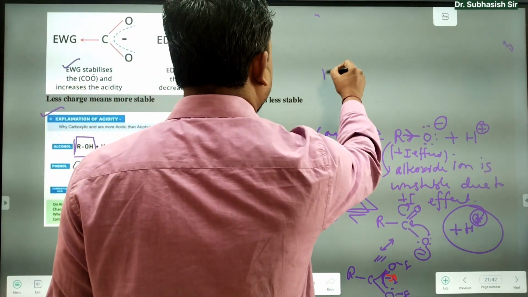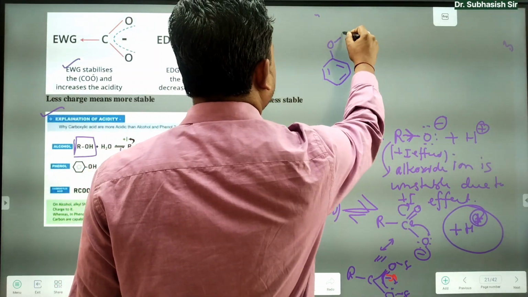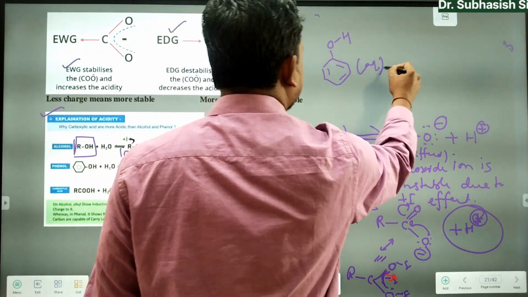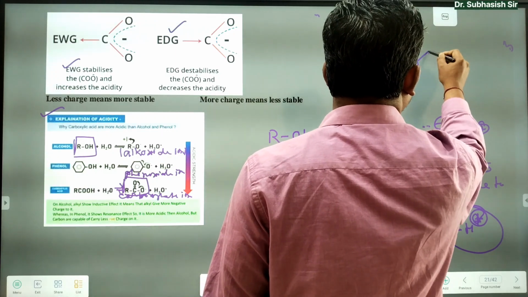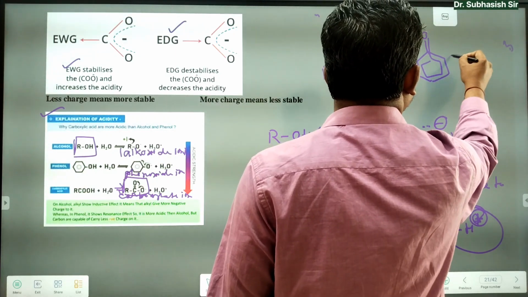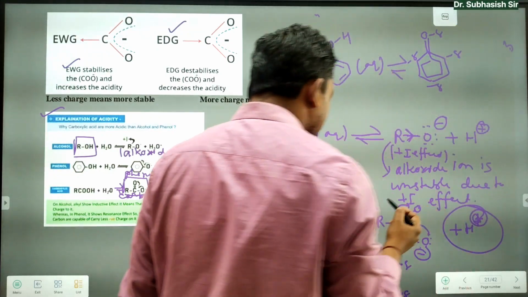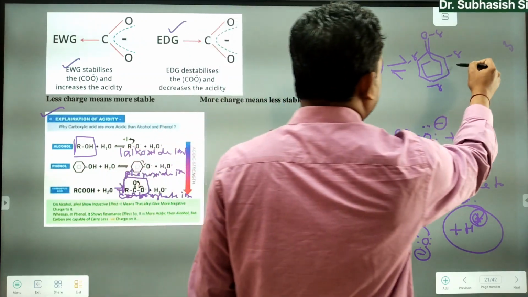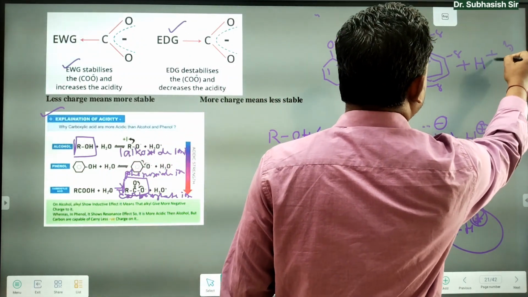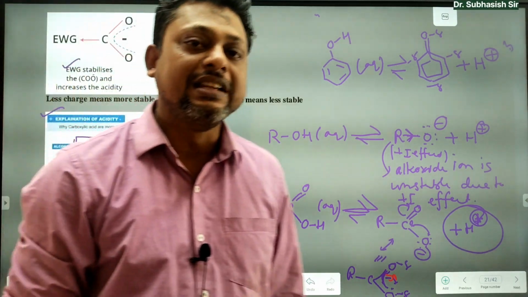Now the question is, you can ask what will happen in case of phenol? Phenol also in its aqueous solution forms phenoxide ion, which is stabilized due to resonance. So the negative charge will be dispersed. But the interesting thing is, phenol will also be acidic, but it will be a weaker acid as compared to carboxylic acid.